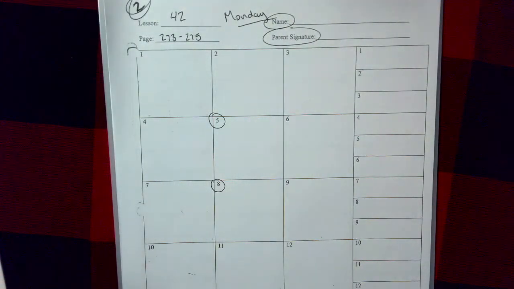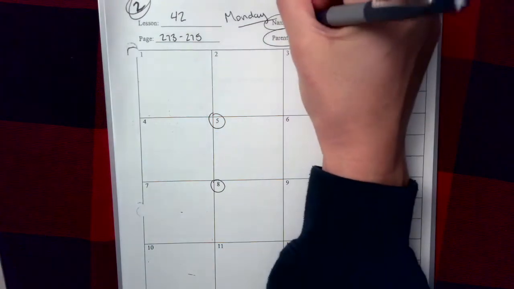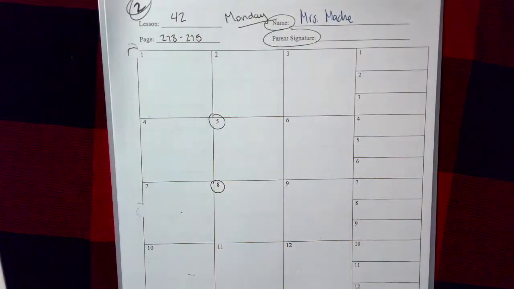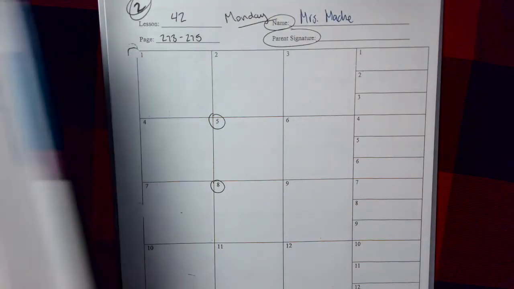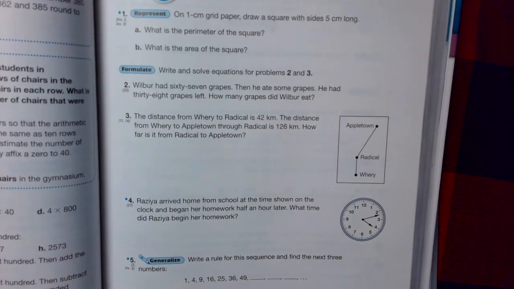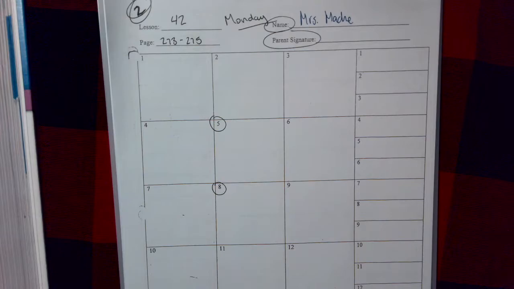Double check you got your name at the top, and then we'll start with number 5. Number 5 says write a rule for the sequence and find the next 3 numbers. 1, 4, 9, 16, 25, 36, 49. That looks like our perfect squares.